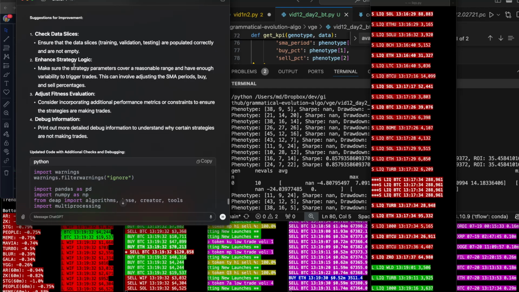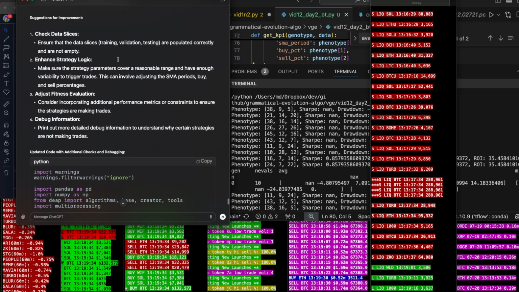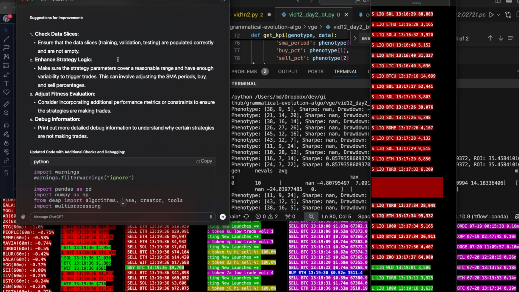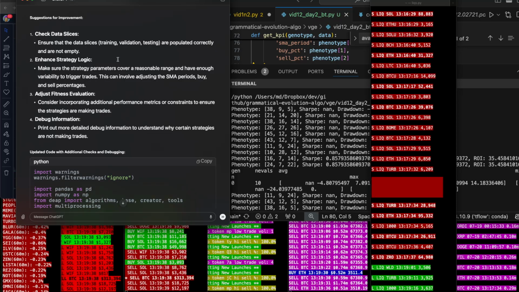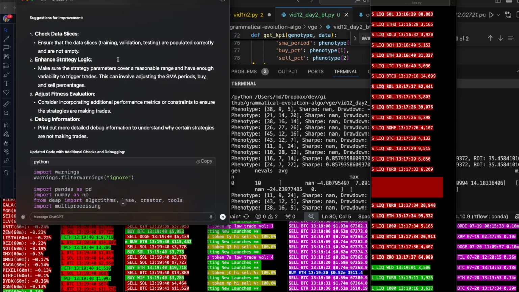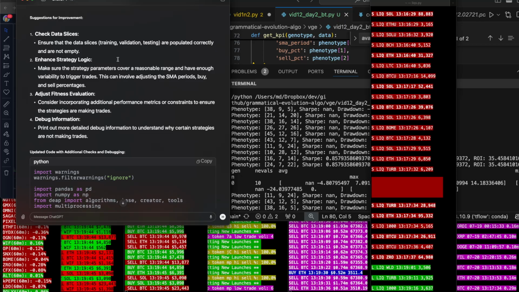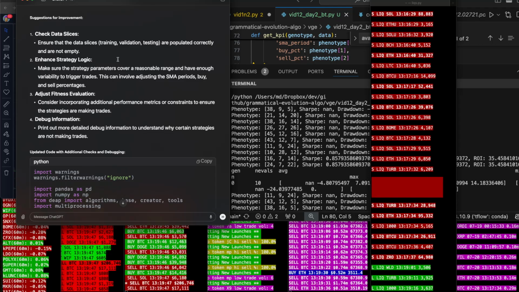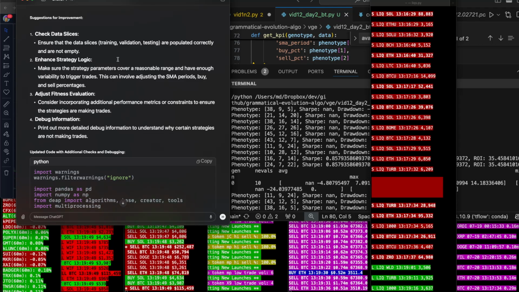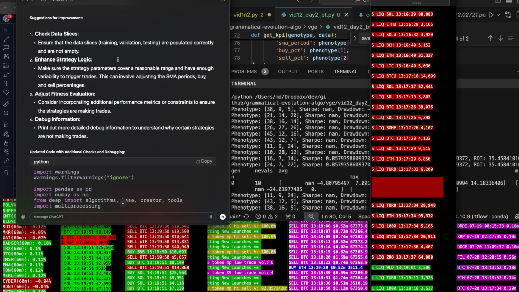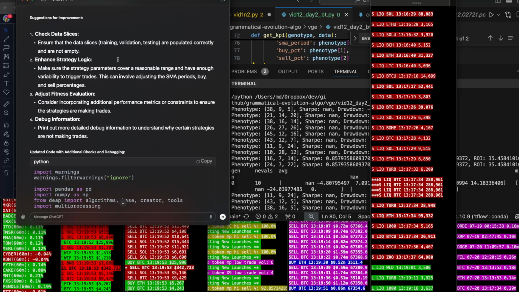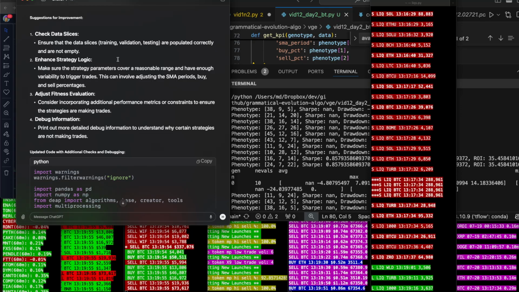Enhance strategy logic: make sure the strategy parameters cover a reasonable range and have enough variability to trigger trades. This can involve adjusting the SMA periods and the buy and sell percentages. Adjust the fitness evaluation: consider incorporating additional performance metrics or constraints to ensure the strategies are making trades.